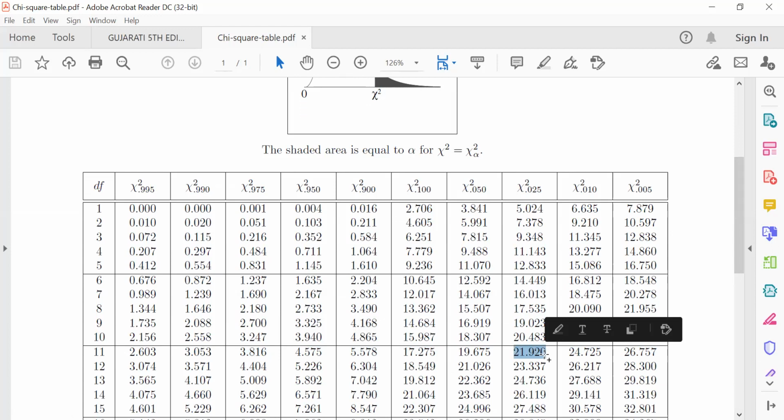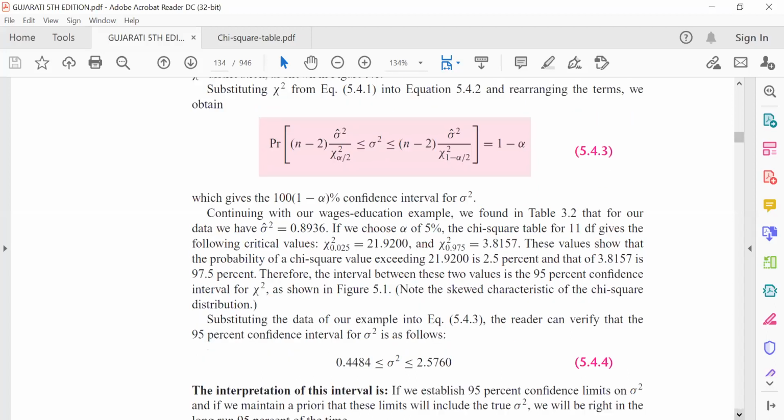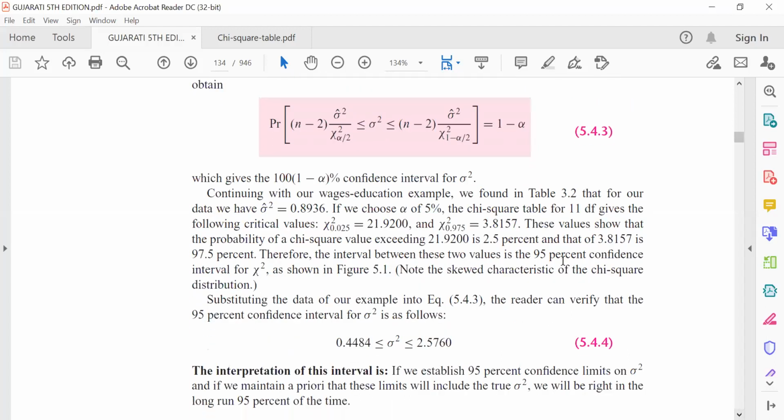Okay, we have two different values. You get it? Yes, sir. Okay, now we calculate the values.